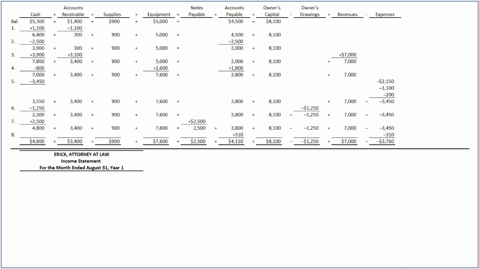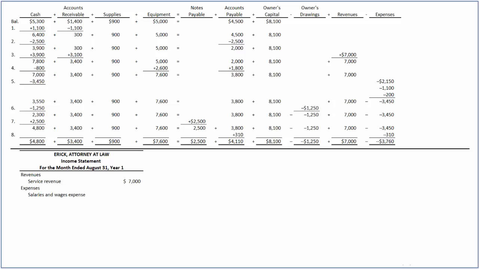Next, we prepare the income statement for August. In the income statement, we first list the revenues. During August, the company recognized service revenue of $7,000. There are no other revenues in the specified period. Next, we list expenses.